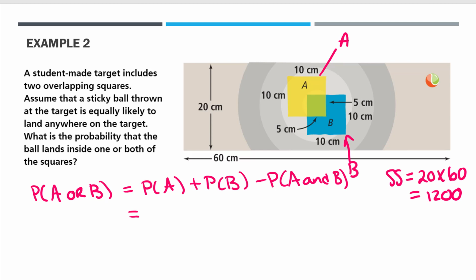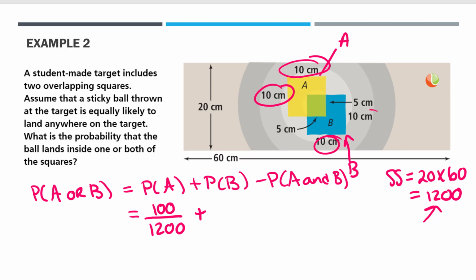So what is the probability of A? Well, we're trying to figure out what the area is. So the area would be 10 times 10, so that would be 100 over the total possible area, which is 1,200. B would also be 10 times 10, so we have 100 over 1,200.